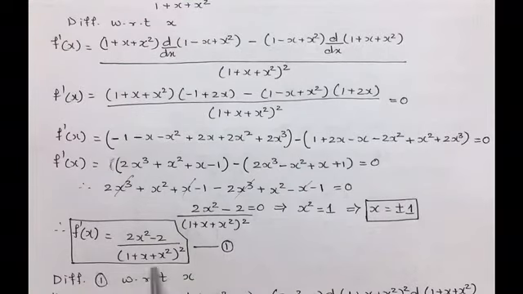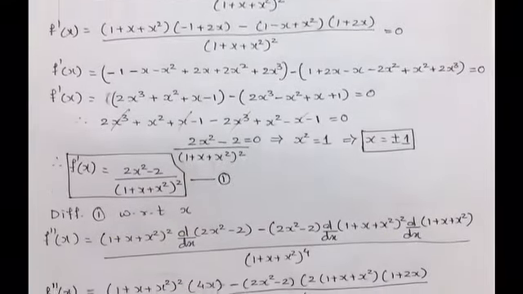This value we have kept as statement 1. Now to find the minimum value, again this f dash x is differentiated with respect to x.